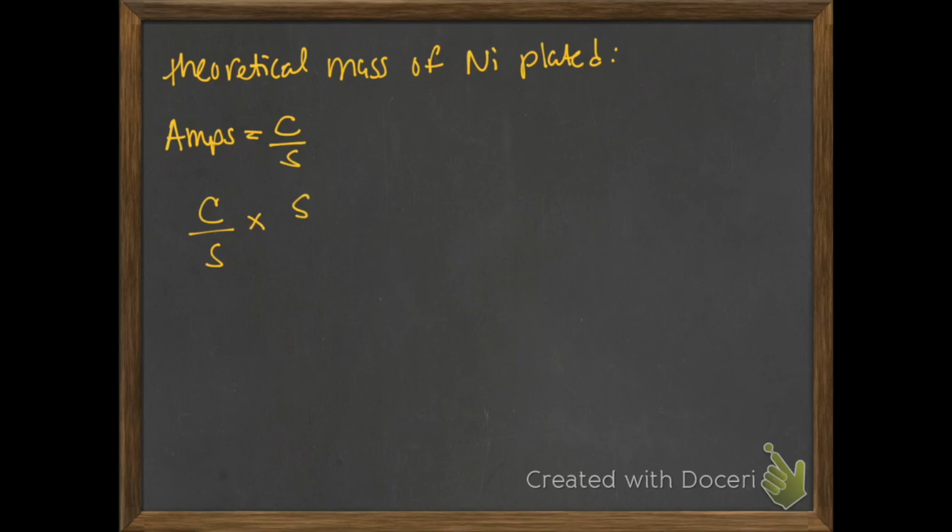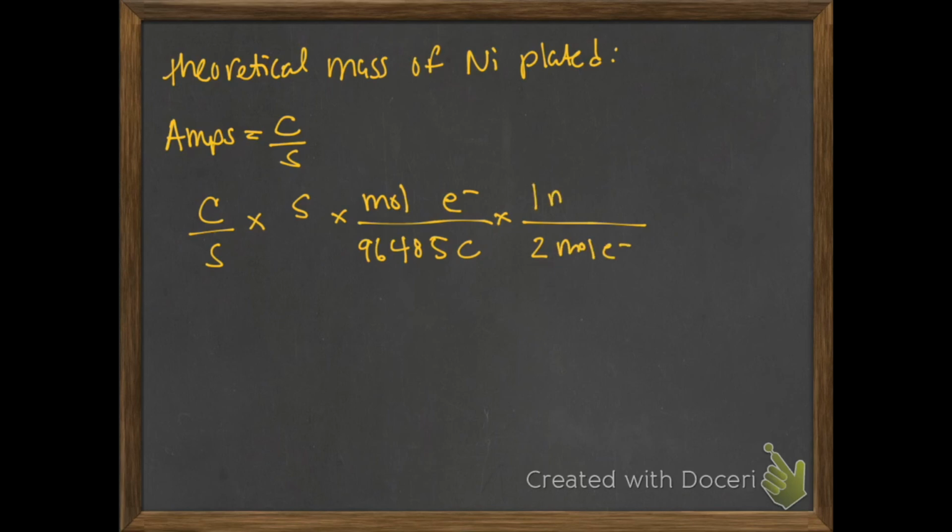And then using Faraday's constant, which is 96,485 coulombs per every mole of electrons, we can then convert to moles of electrons. And then using stoichiometry that says that 2 moles of electrons are needed to produce nickel solid from nickel 2+, we can get the moles of nickel.